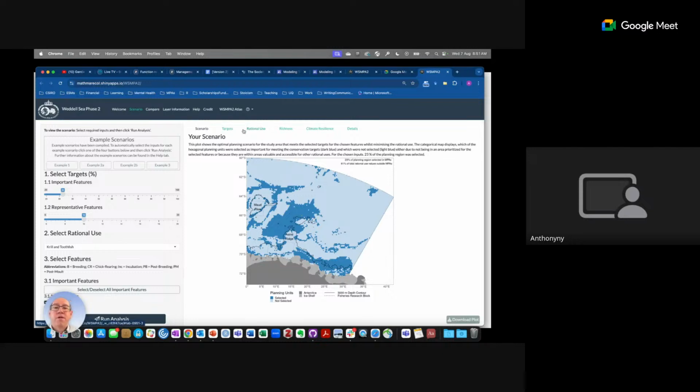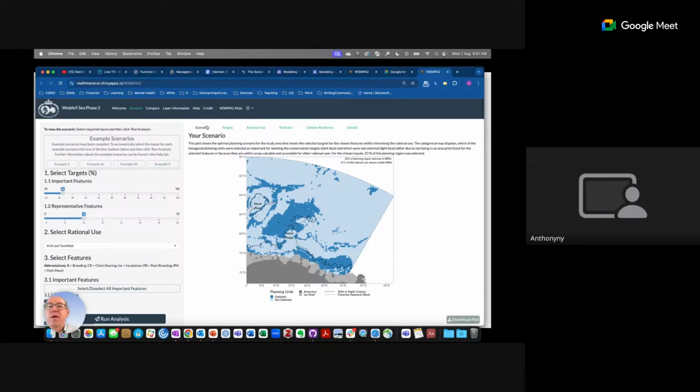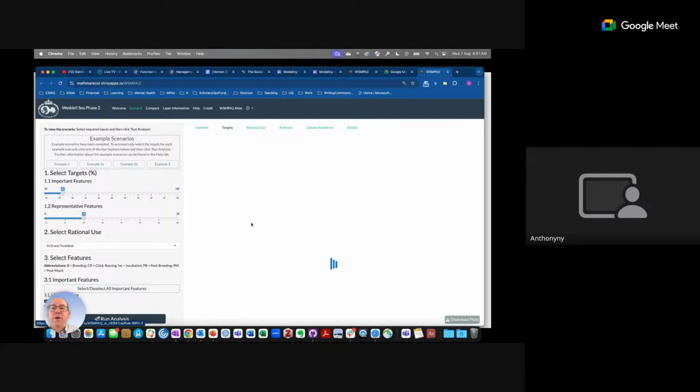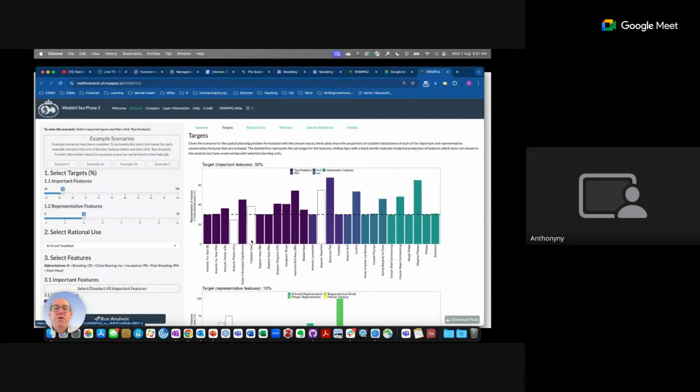And we've got different tabs. You'll notice that I set a 30% target on the important features. You can see that these dark colors are the features that were included. The ones in white weren't included. So you can see not all of those, that target wasn't met.